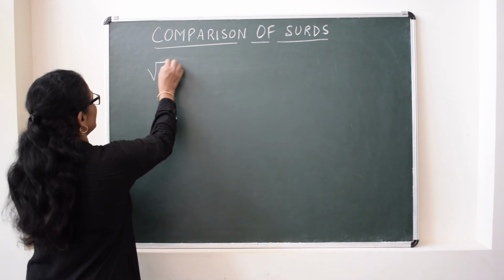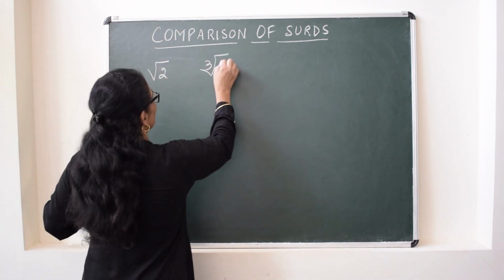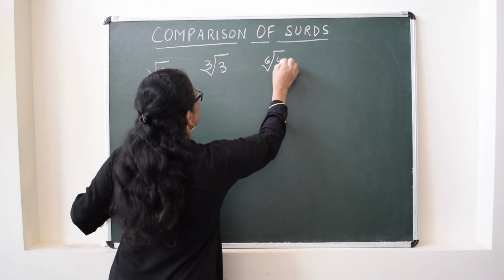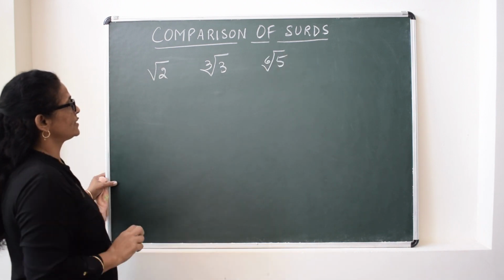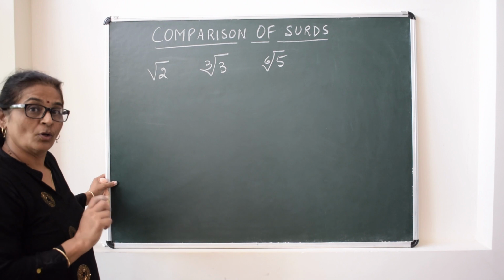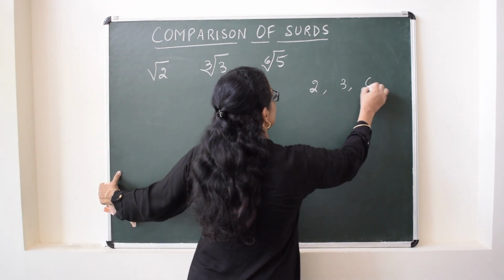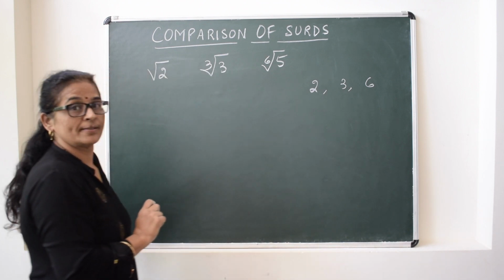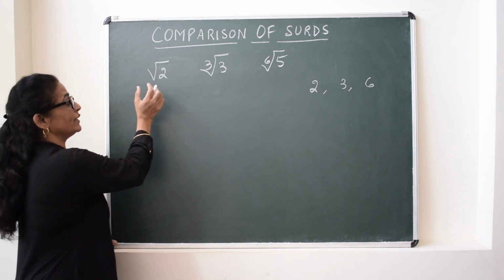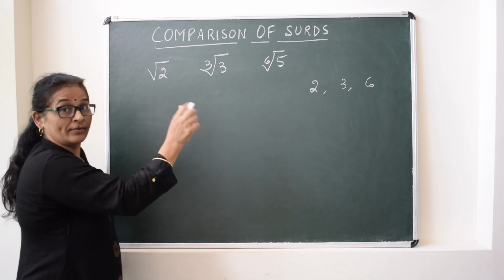For example, root 2, cube root of 3 and 6th root of 5. In this case, all 3 radicands are different, all 3 orders are different. So we will find out first the LCM of all the orders, and each surd will be written as the order of whatever is the LCM.